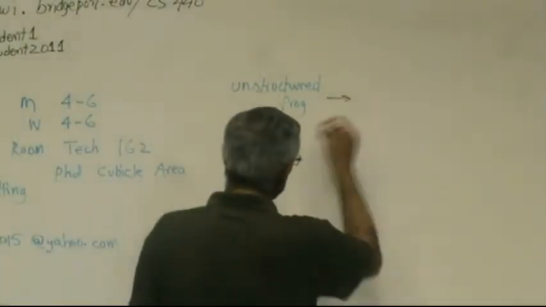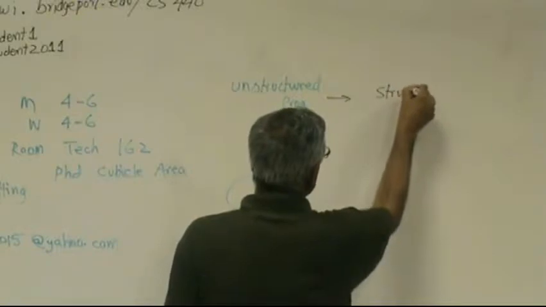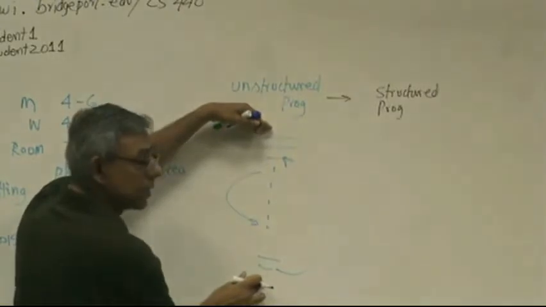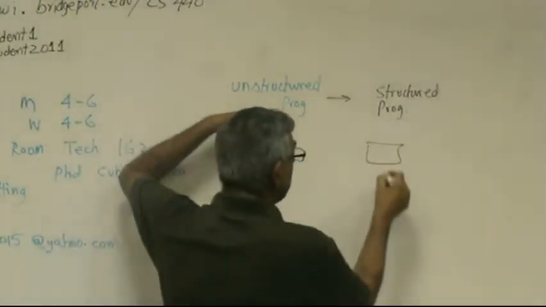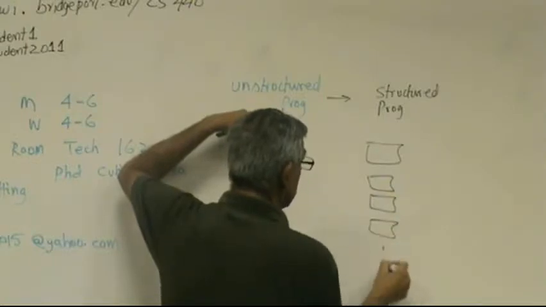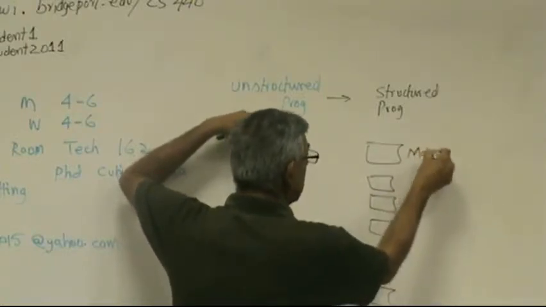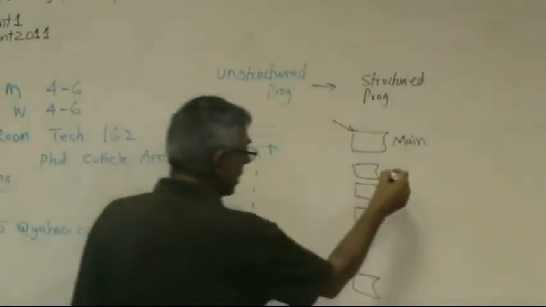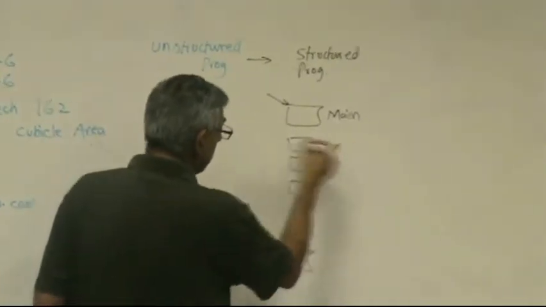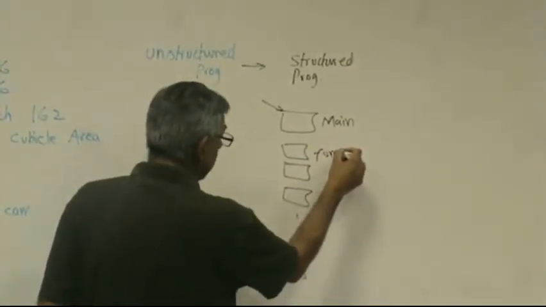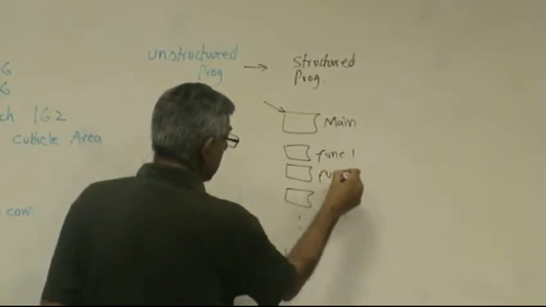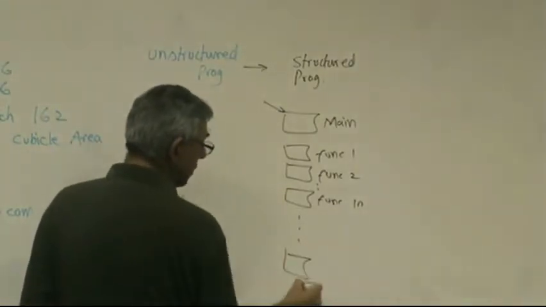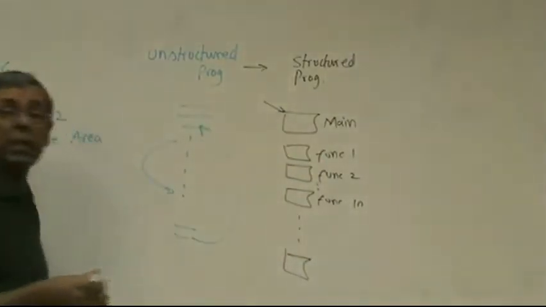So, as I explained in the last lecture, from here we went to structured programming, where we reorganized this straight line code into small functions and subroutines. So the controlling point, or the starting point, is a function called main, and the rest of the code is divided into, for example, function 1, function 2, function 10, and so on. Of course, each one will have its own meaningful name.